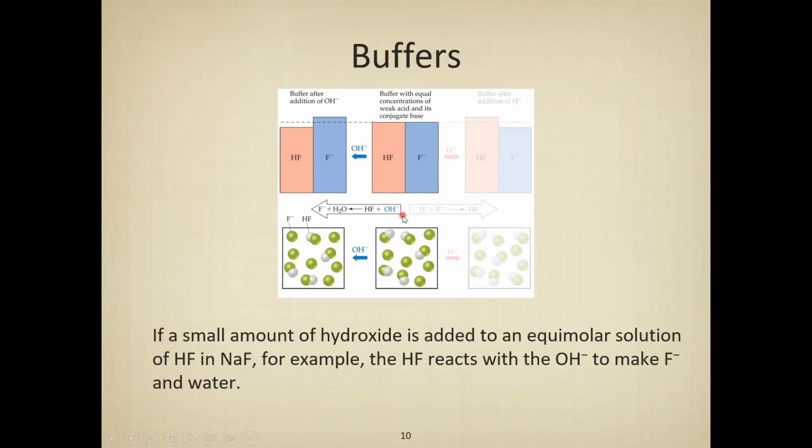So if we look at what happens when we add hydroxide, with that hydrofluoric acid, that HF, we're going to have a neutralization reaction occur, where the hydroxide is going to react with the hydrofluoric acid to give us water and more of that fluoride ion. It's going to help resist the pH changes by consuming some of that hydroxide.